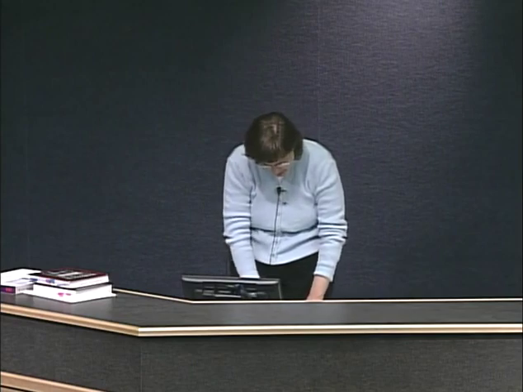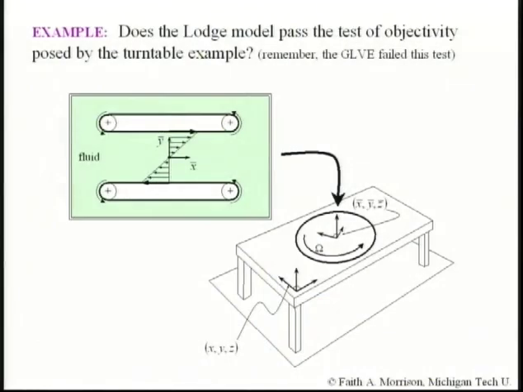Now, the next step is to fix things up even more. But let me just revisit this example really, really quickly. I'm just going to flash the algebra to you.